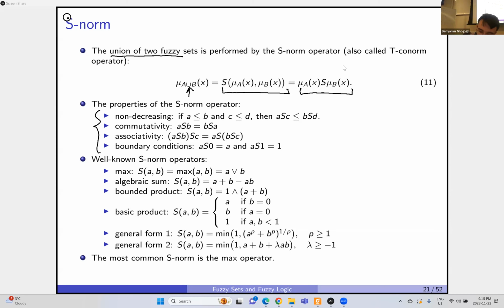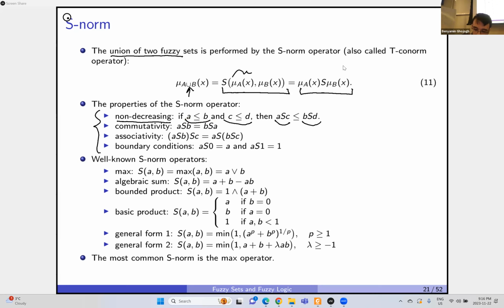It should satisfy these 4 properties. First, non-decreasing. So if A is less than or equal to B and C is less than or equal to D, ASC should be less than or equal to BSD. Okay. By the way, why am I only considering scalars A and B?